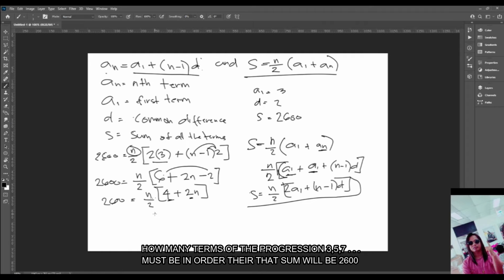So this is 4n plus 2n squared, over 2, since you can multiply it there already. I will explain it to you.